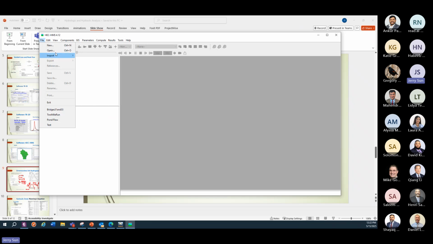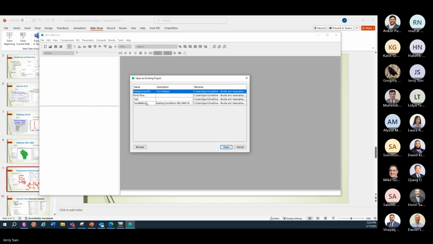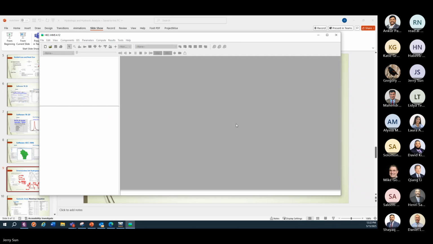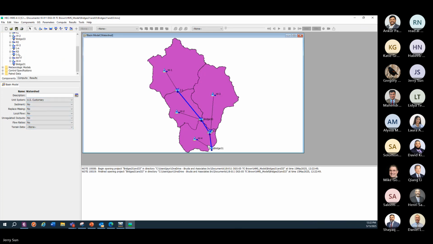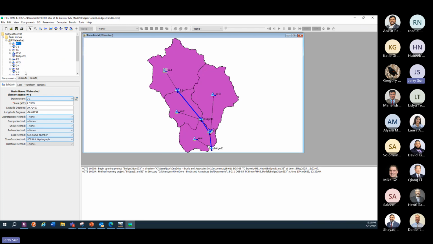So if we look at it, for example, you look at this watershed, they have an area, a loss method. You have a bunch of loss methods, like what we use, SCS curve number, right? So they have different ones, you see the Green-Ampt.